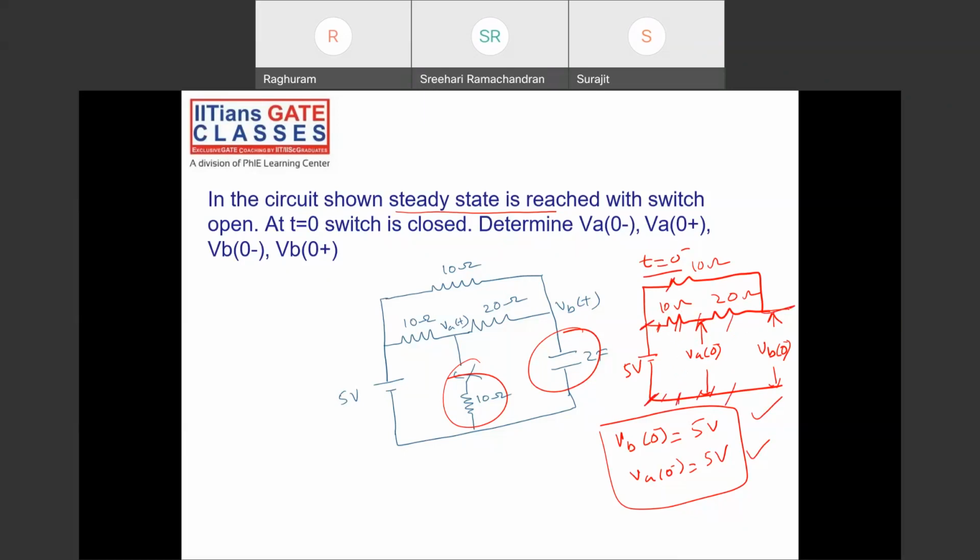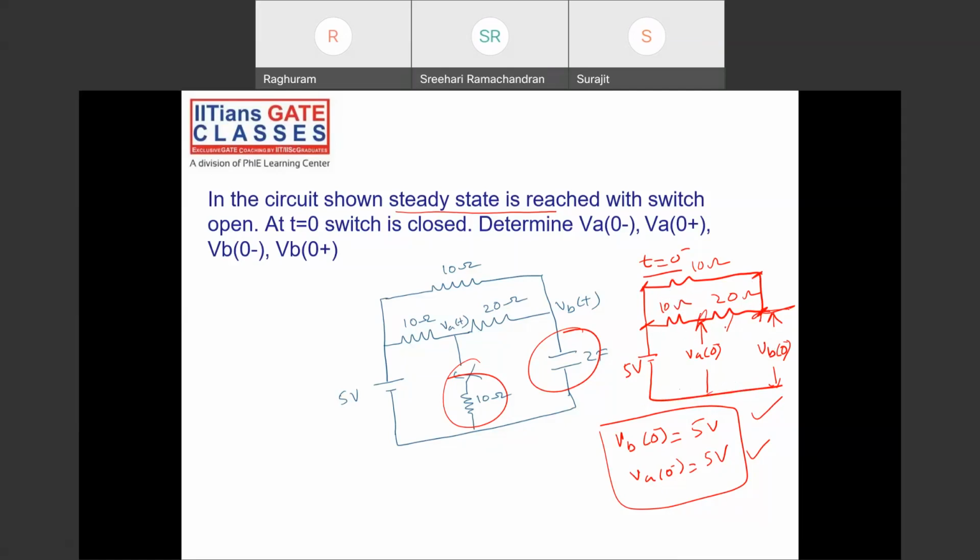If I measure between these two points or these two points, I may get 0, but anything between this and this will definitely be 5 volts. Think as if you are measuring the voltage using a multimeter.